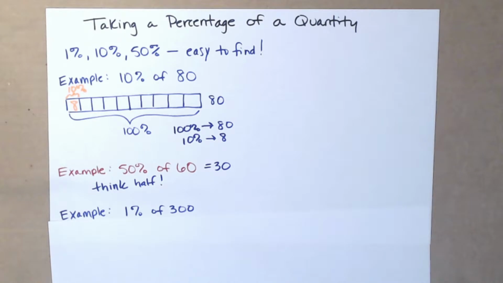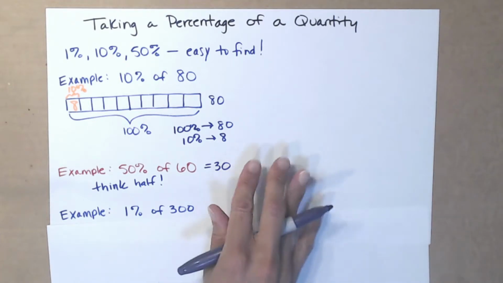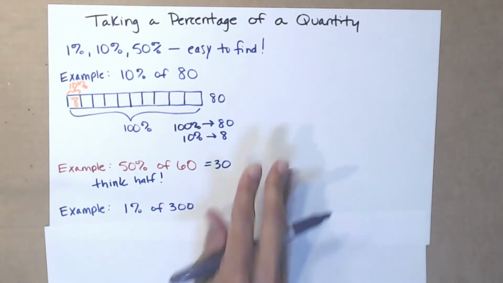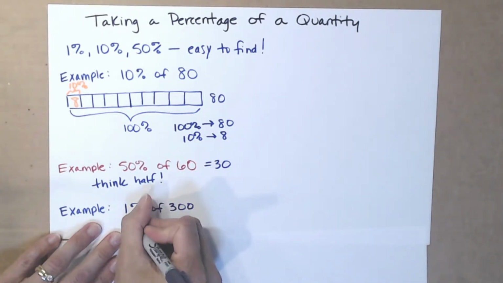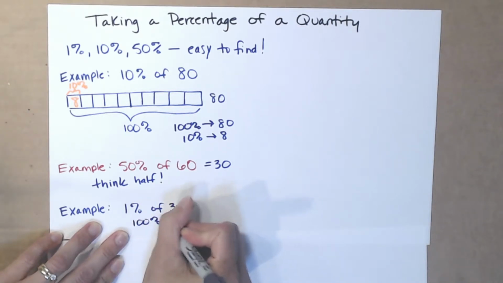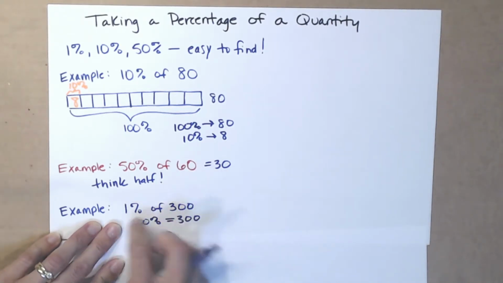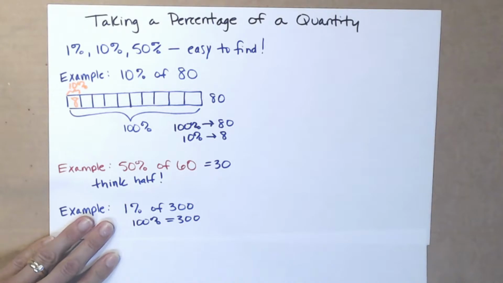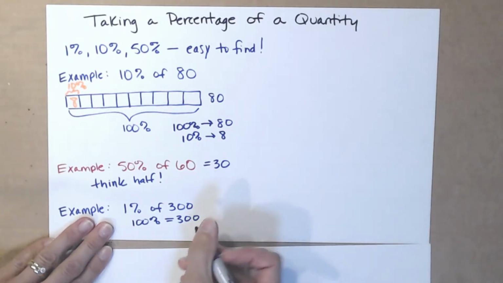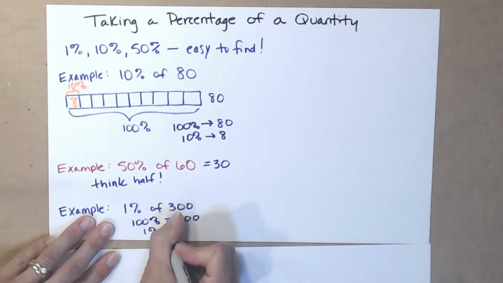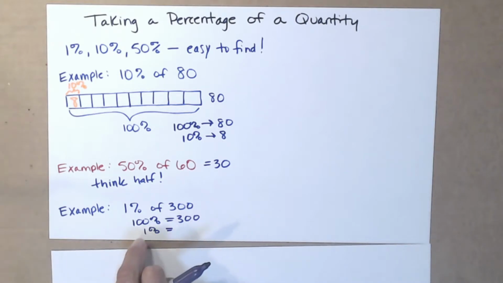And then 1% of a number, the technique is very similar to what we use up here for 10%. But here, we think 100% is 300. We're trying to find 1% of 300. 100% is 300, so there are 100 1%s in 100%.